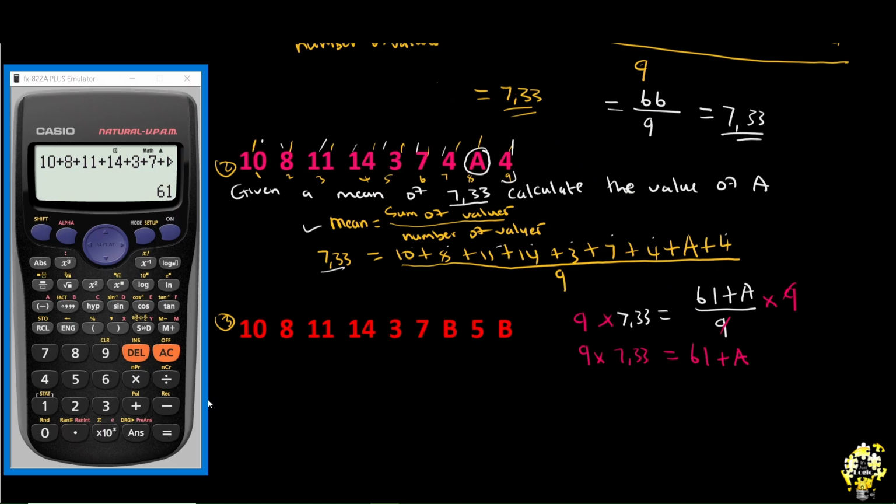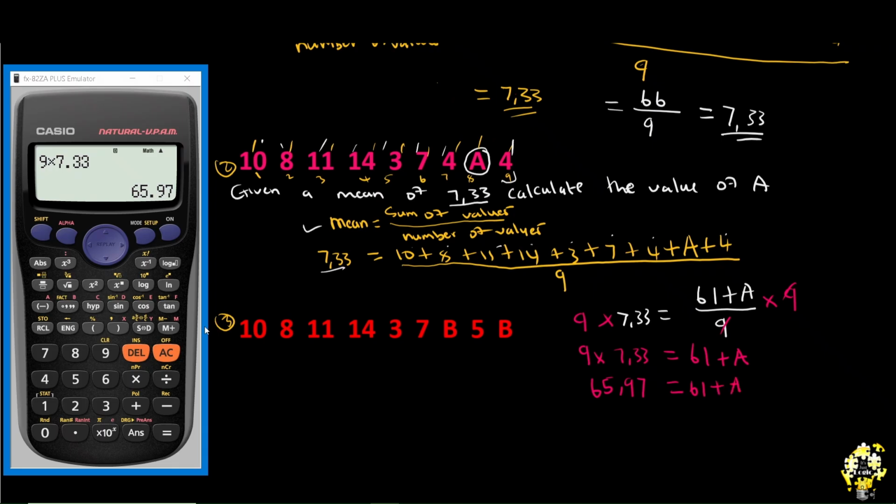Let's get this in the calculator. So let's say 9 multiplied by 7.33. What do we get? It says 65.97, which is equals to 61 plus A.